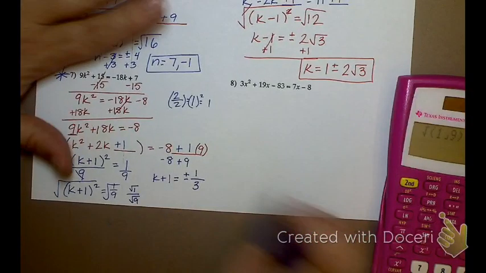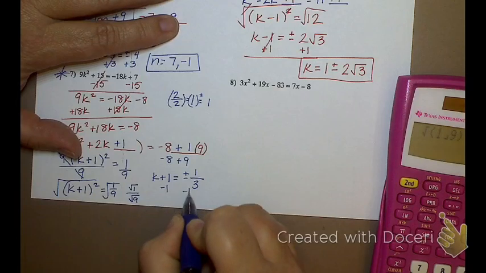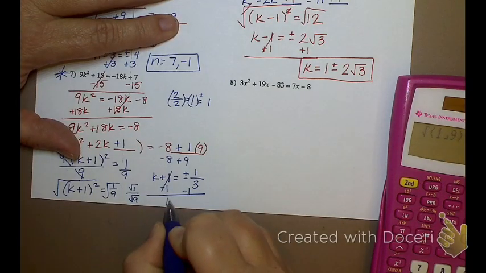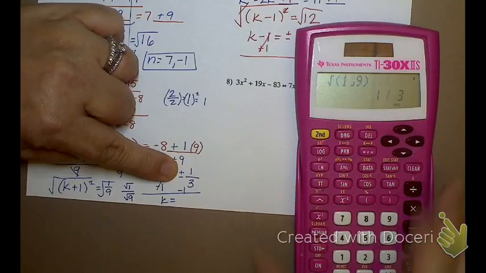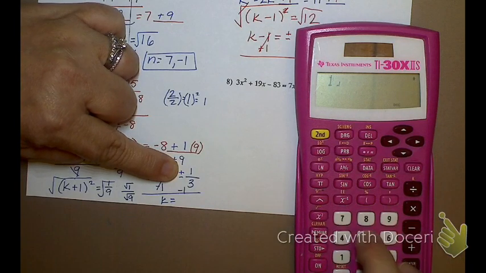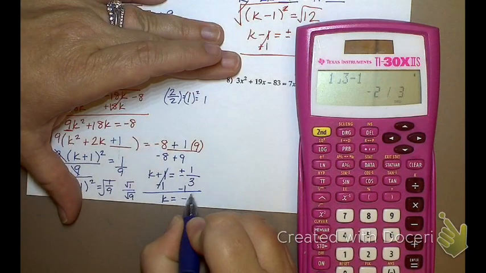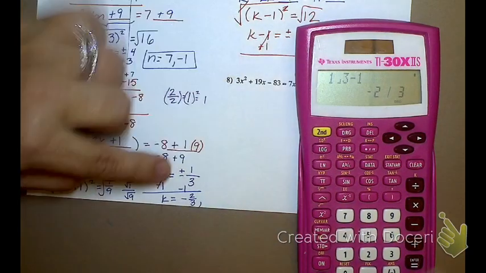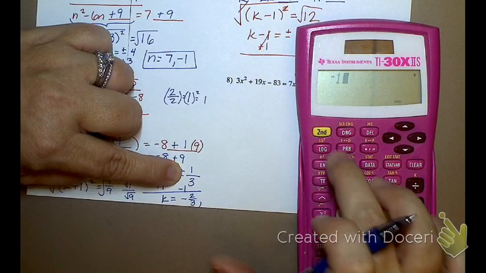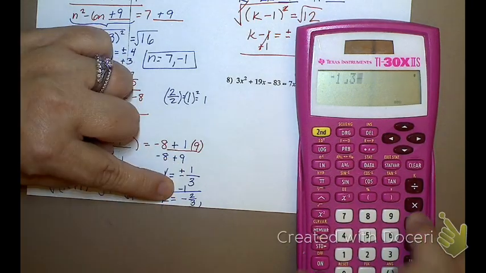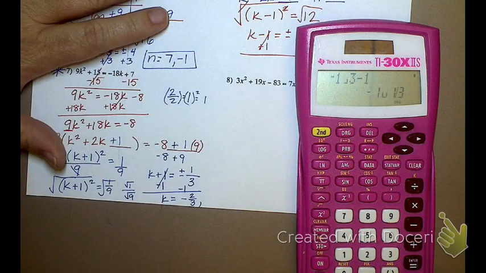All right, last thing, I'm going to subtract 1, and we're going to go back to our calculator again. I have positive 1/3 minus 1 is negative 2/3. And then negative 1/3 minus 1 is a mixed number.